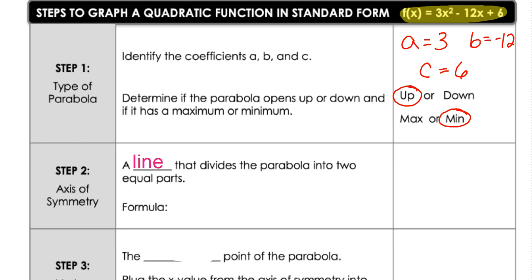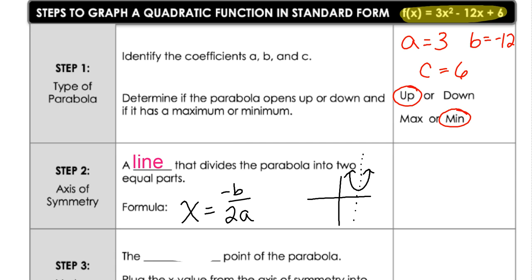If our parabola looks like this, the axis of symmetry is this line that cuts the left and right half into 2 equal parts. To find that, we use a formula. Again, it's a vertical line, so it's going through x. So it would be an x equals line. And the formula to find it is the opposite of b divided by 2a.